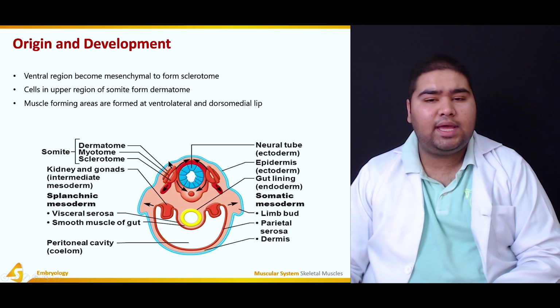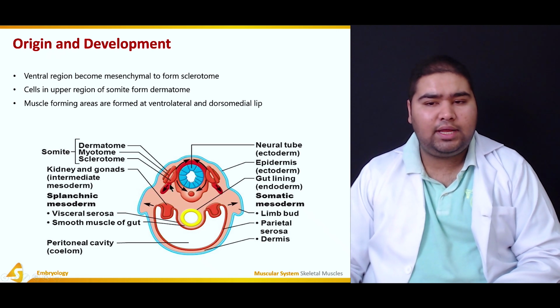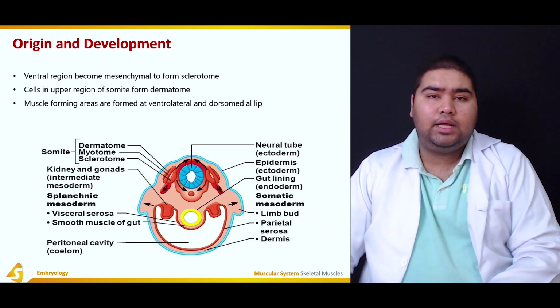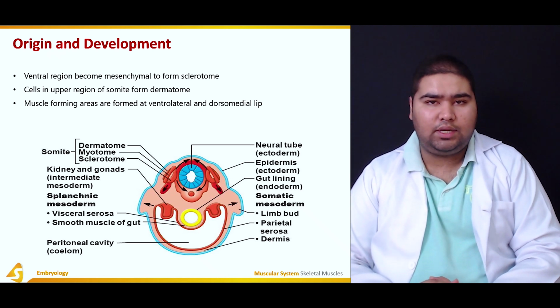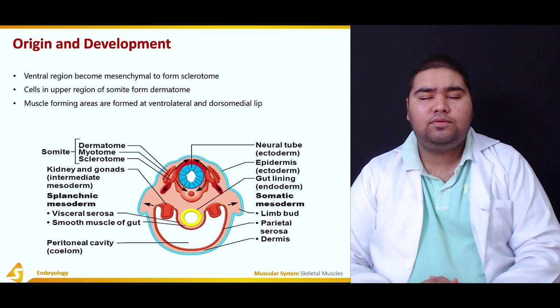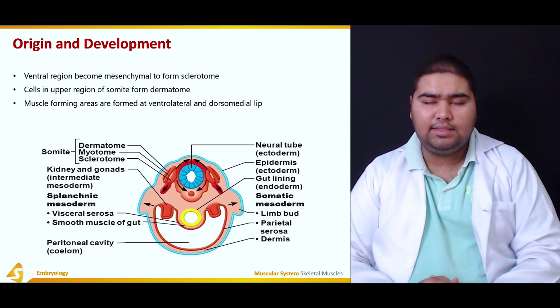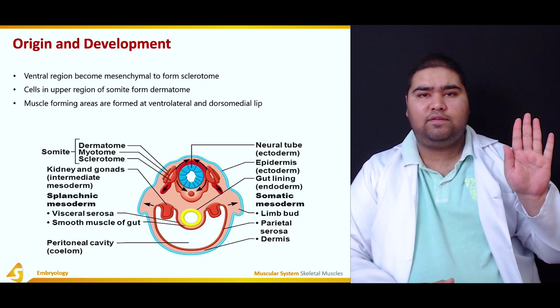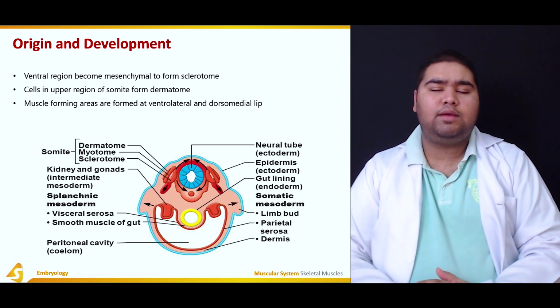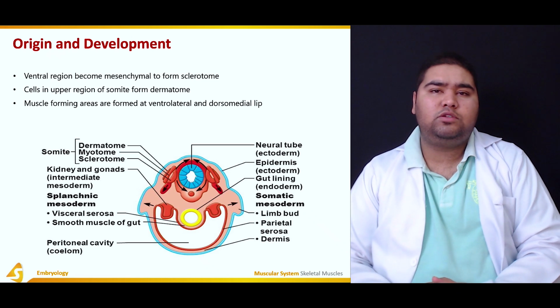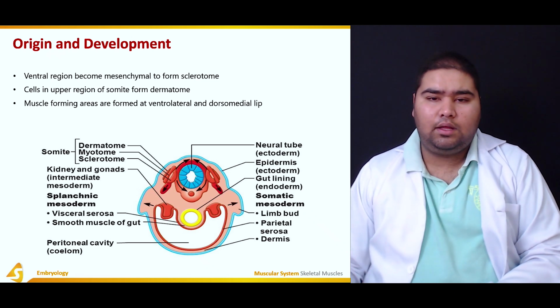The muscle forming areas are formed on the ventrolateral and the dorsomedial lips. Now, a very important differentiation between dorsal and ventral. As I told you earlier, just for the sake of convenience, this is the ventral surface and this is the dorsal surface. It is very important to keep that in mind while the development of the embryo is concerned.